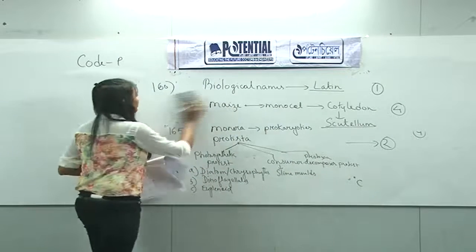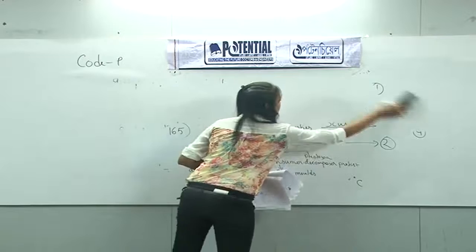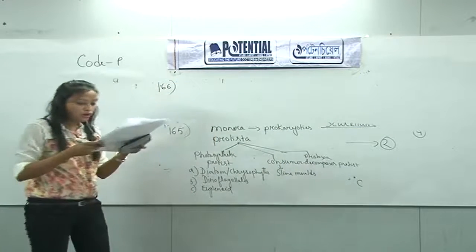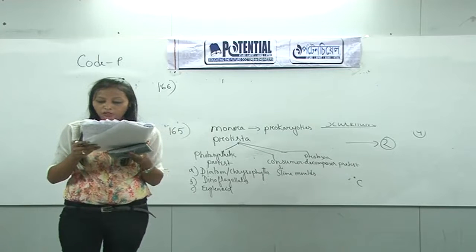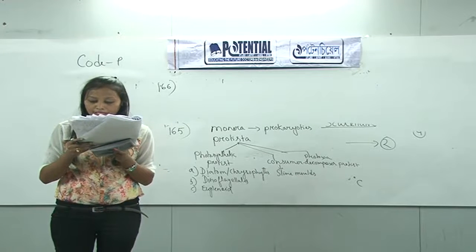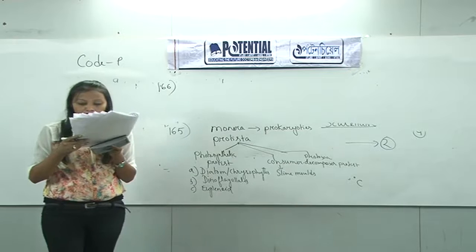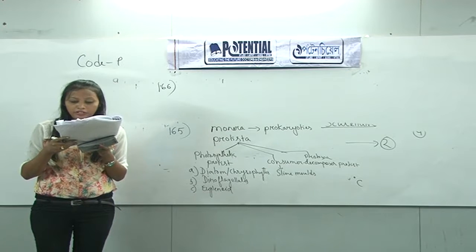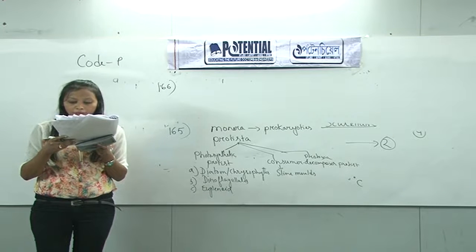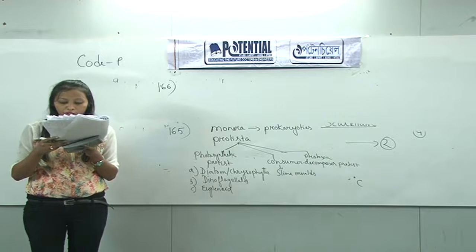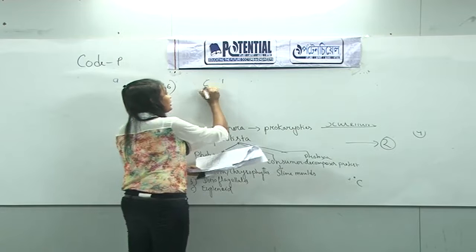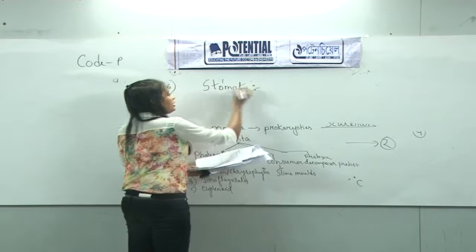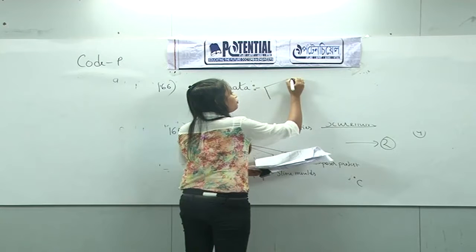Then next move to question number 166. Water vapors come out from the plant leaf through the stomatal opening. Through the same stomatal opening, carbon dioxide diffuses into the plant during photosynthesis. Reason out the above statement using one of the following options. We know stomata are small pores present in the leaves and each normally has two functions.